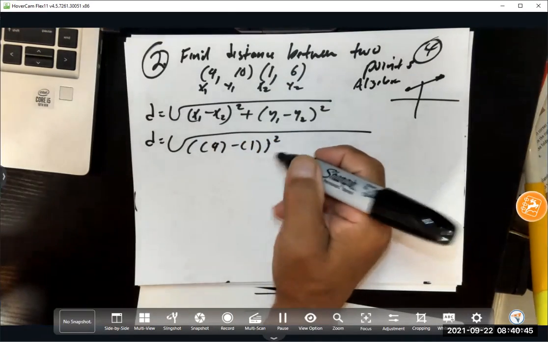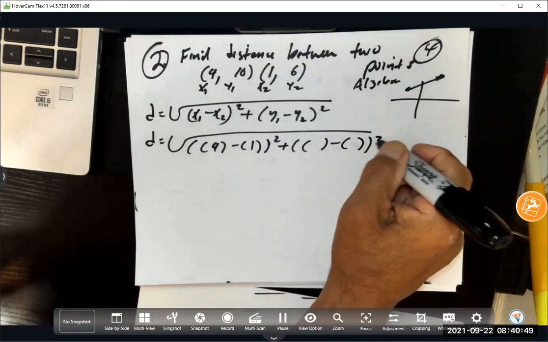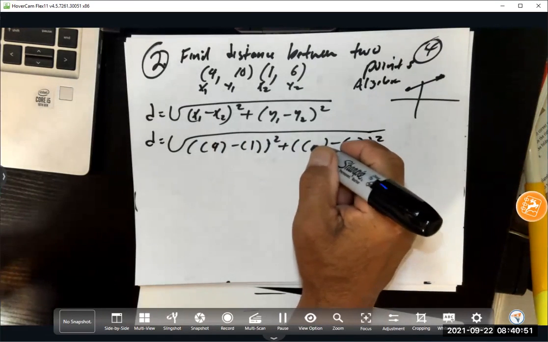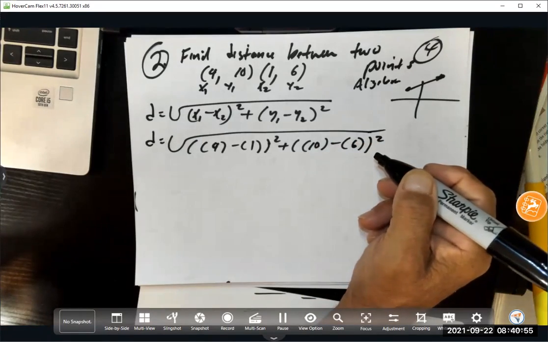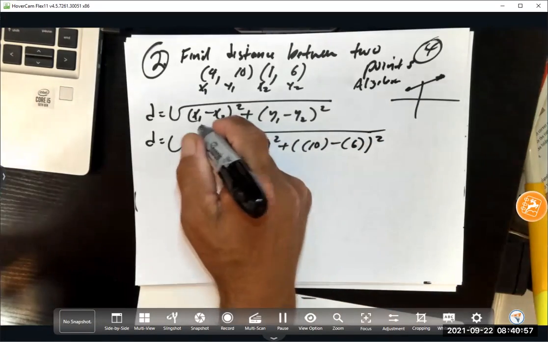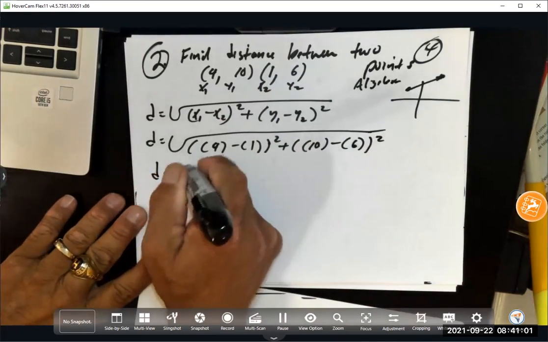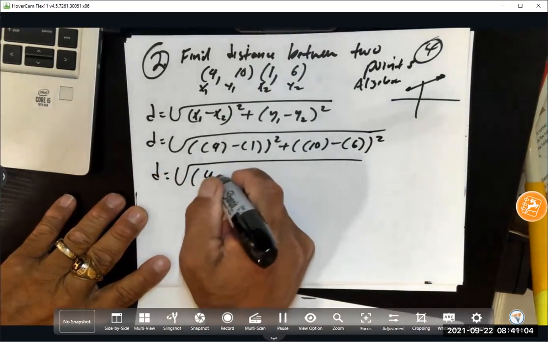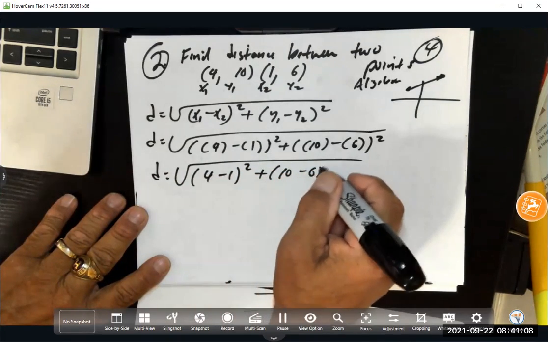All right. What is y1? 10. And what is y2? 6. Is that okay? Okay. x1, x2, y1, y2. So now you get into this. 4 minus 1 squared plus 10 minus 6 squared.